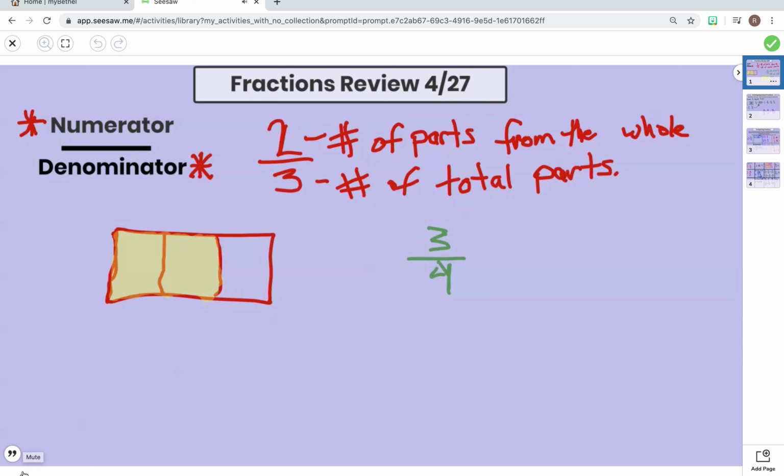So 3 is going to be what? I'll help you guess: the number of parts from the whole. And how many total parts will there be? Well, there's going to be 4 because that's our denominator. Number of total parts.